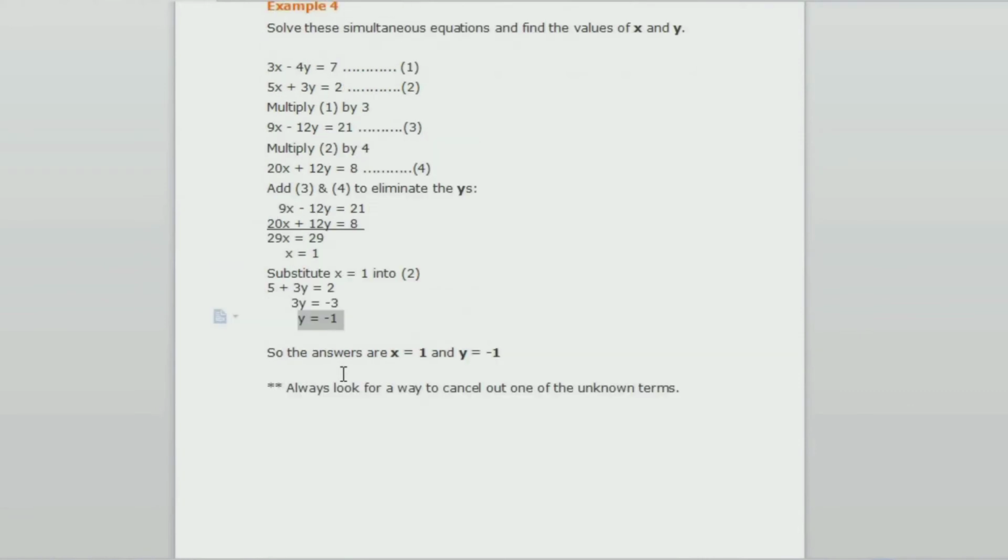And so the answers are x equals 1 and y equals minus 1. So in the elimination method, we always look for a way to cancel out one of the unknown terms. Once one of the unknown terms is canceled out, we can find the solution for the other one.